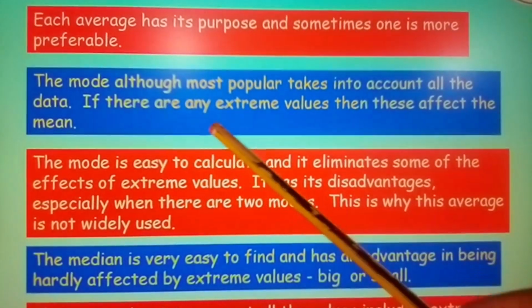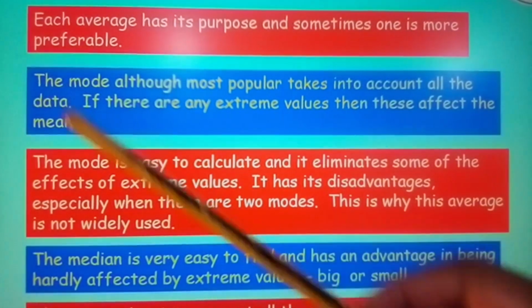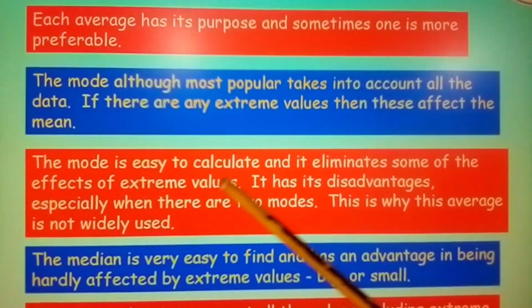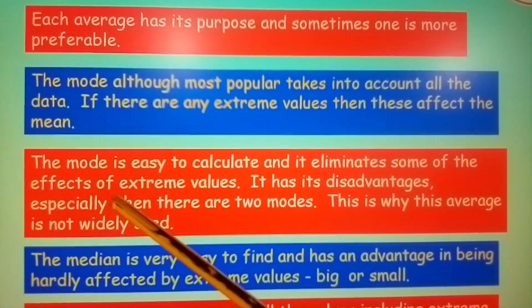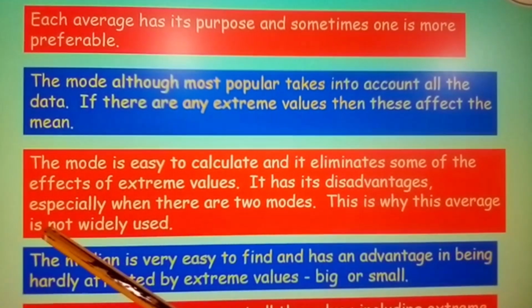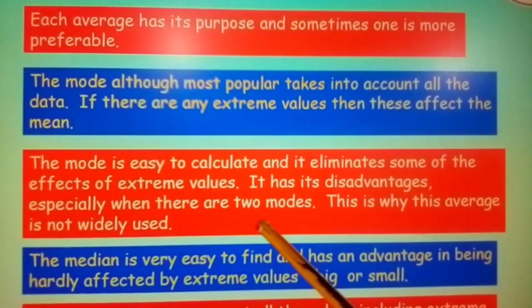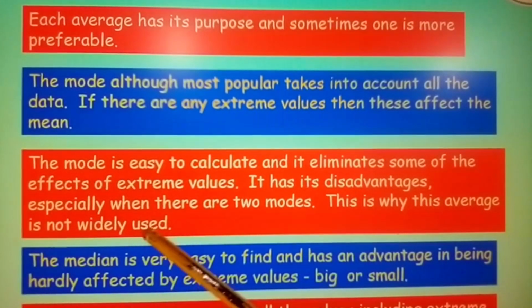If there are any extreme values, then these affect the mean. The mode is easy to calculate and it eliminates some of the effects of extreme values. It has its advantages, especially when there are two modes. This is why this average is not widely used.